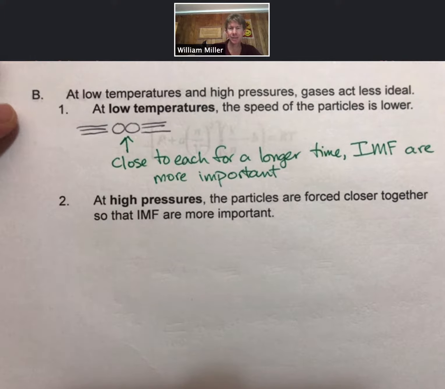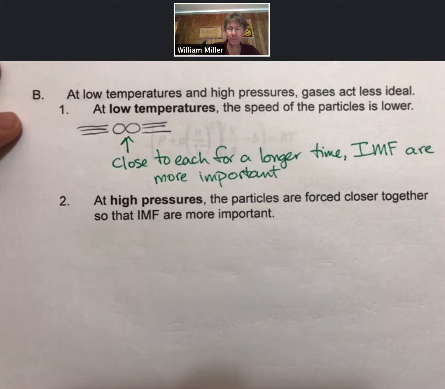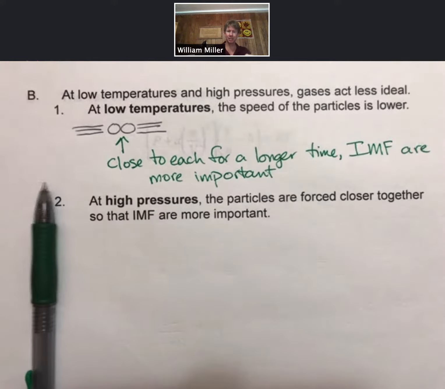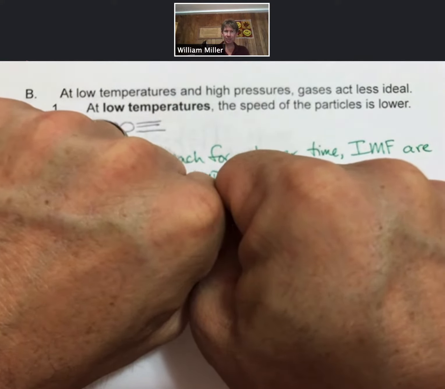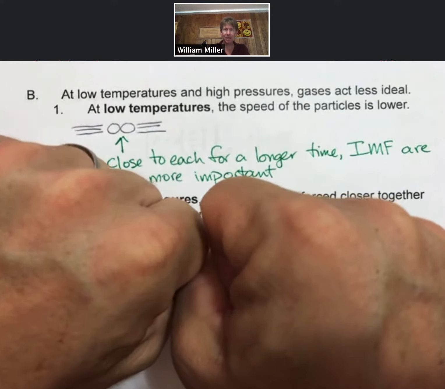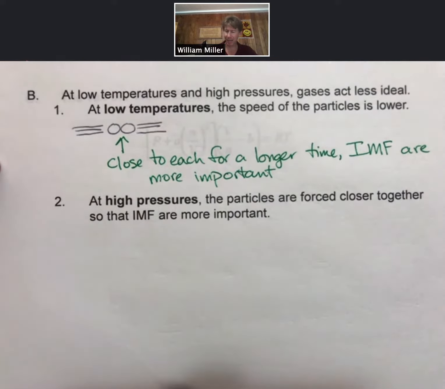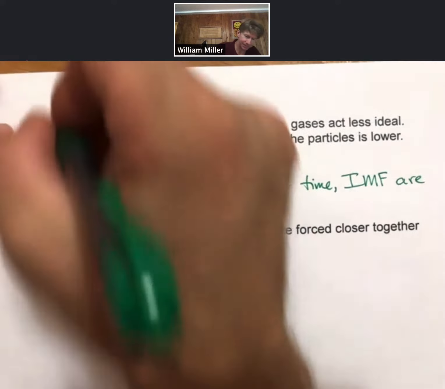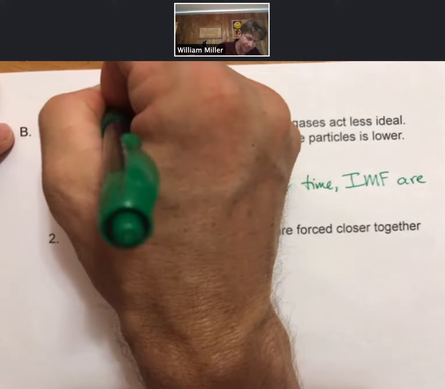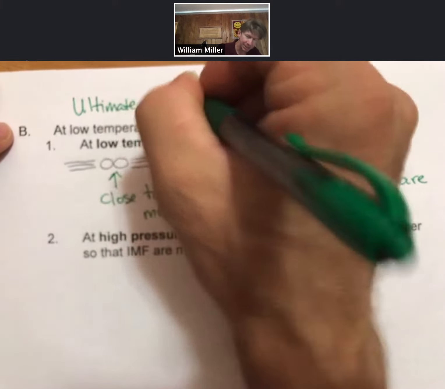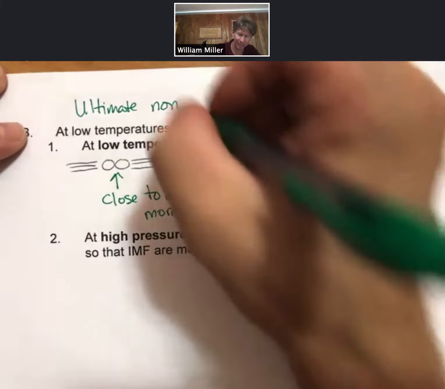In fact, as temperatures go lower and lower, the kinetic energy decreases. They go slower and slower until the particles, when they collide, actually stick and become liquids. So the ultimate non-ideal gas is a liquid.